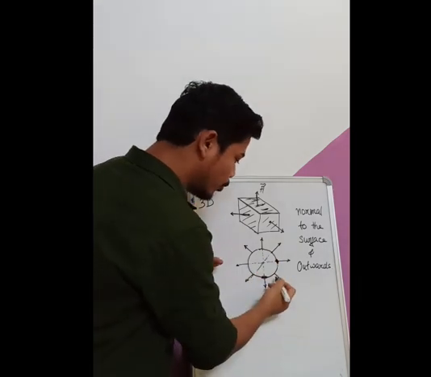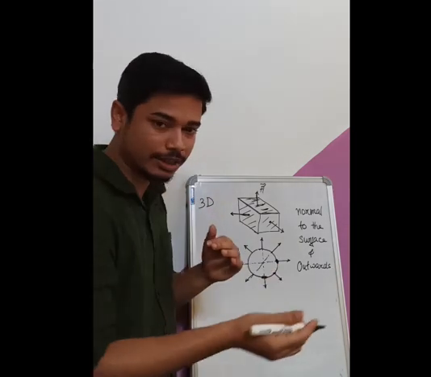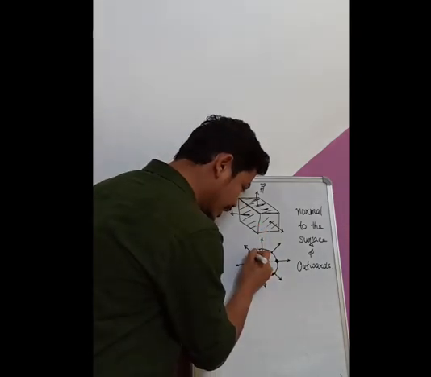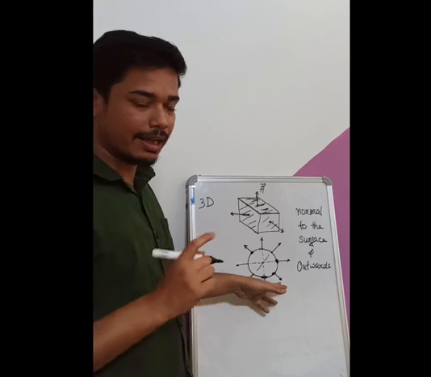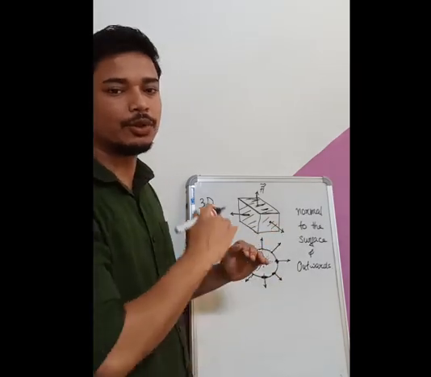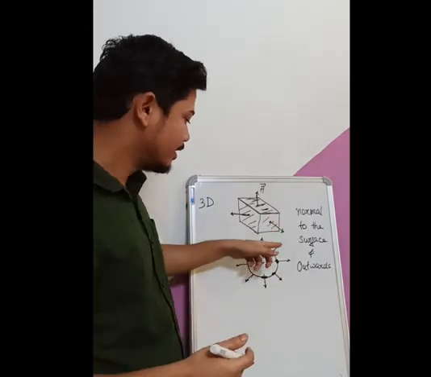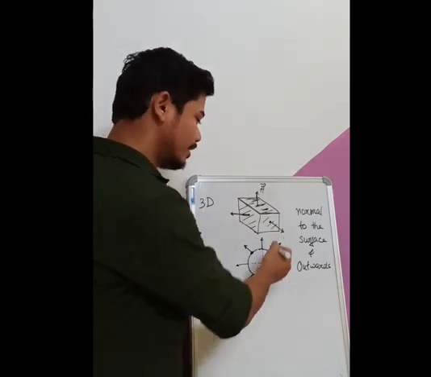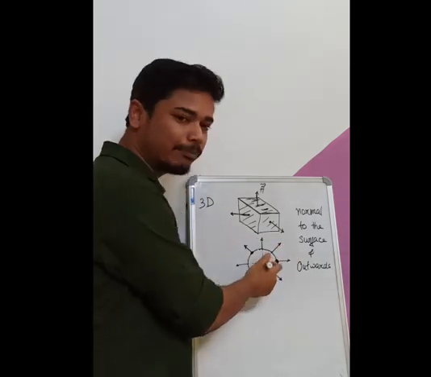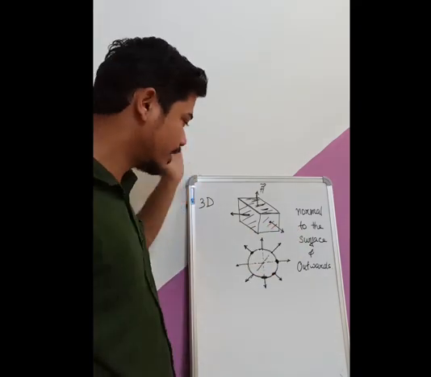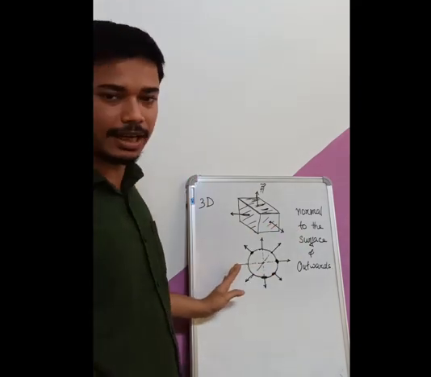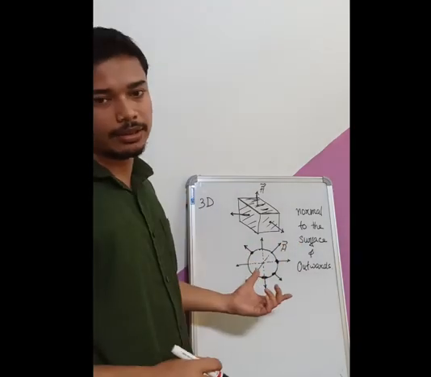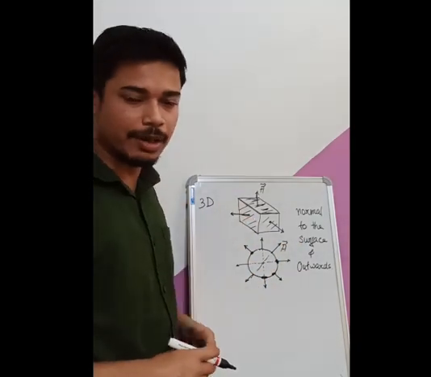So for every point on the sphere, if you consider small area elements, then these area vectors will be perpendicular to those area elements, and the directions of these perpendiculars are such that they pass through the midpoint of the sphere. Okay, so these are the directions of area vectors for a sphere, which is a three-dimensional object.